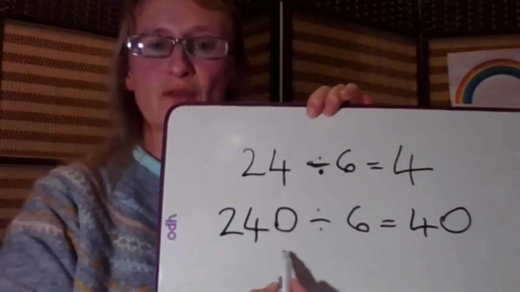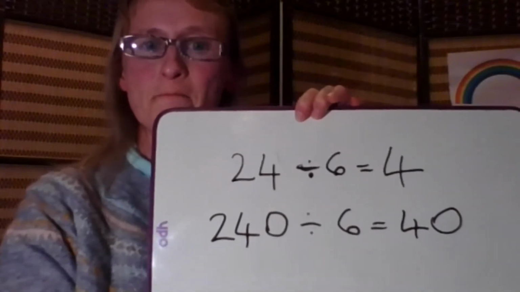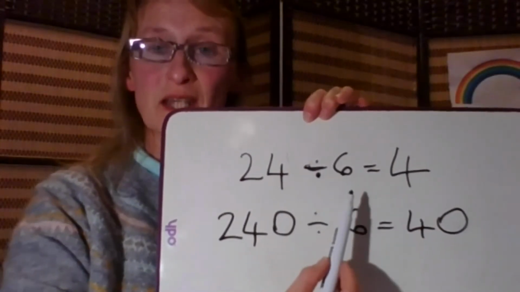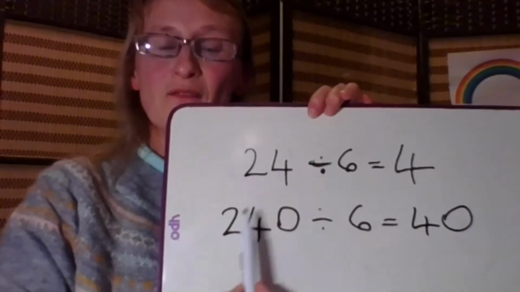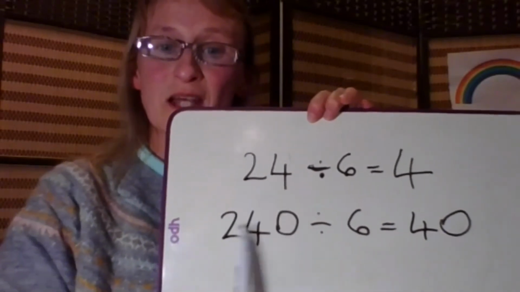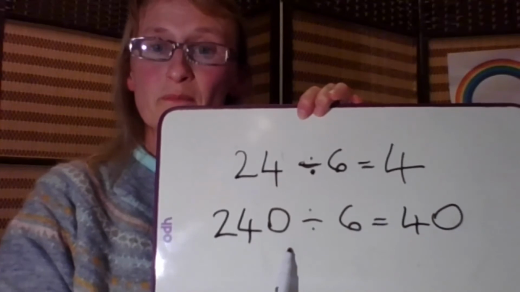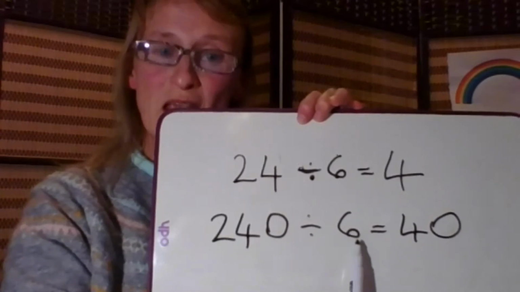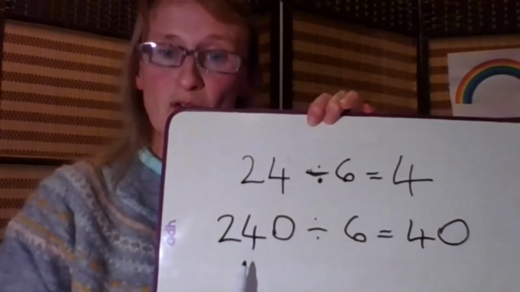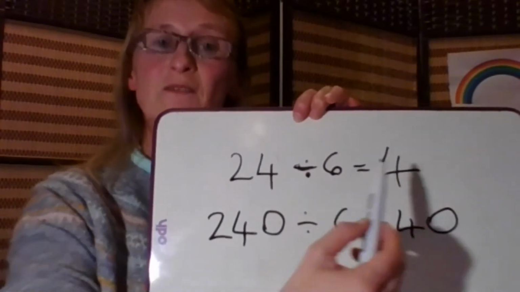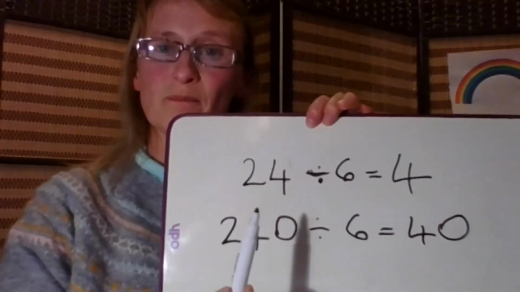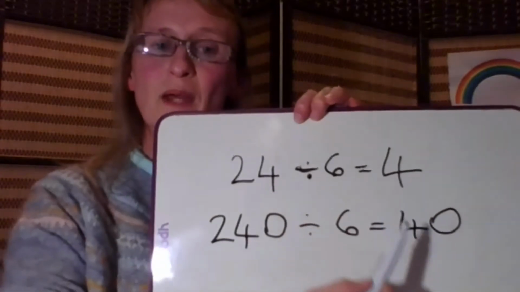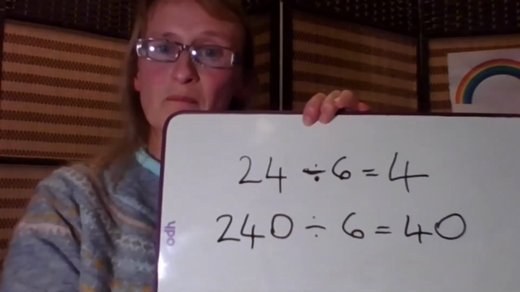How do I know that 240 divided by 6 is 40? I know that because 24 divided by 6 is 4. If I make the first part 10 times bigger, then the second part becomes 10 times bigger, because there are 6 40s in 240. There are 6 4s in 24.